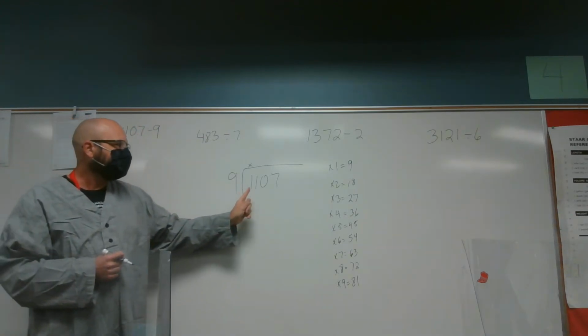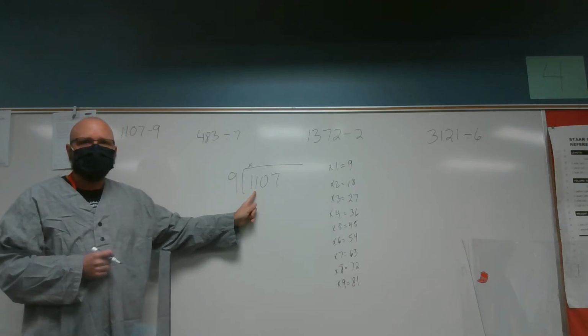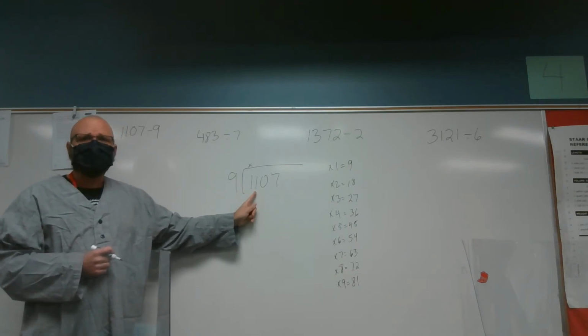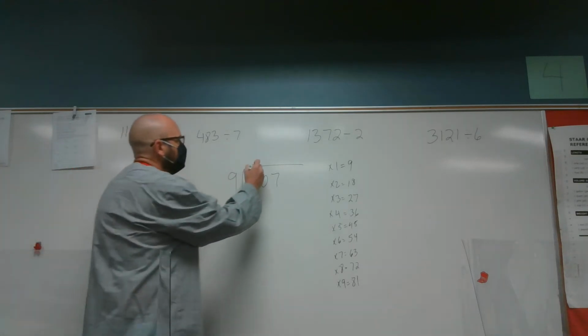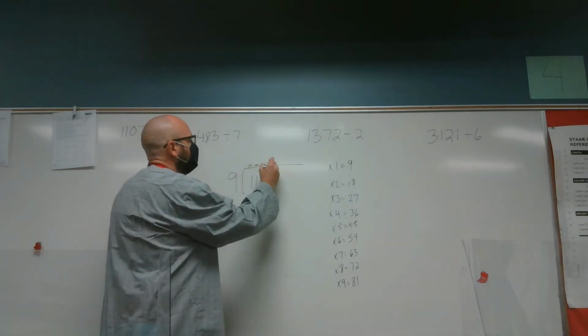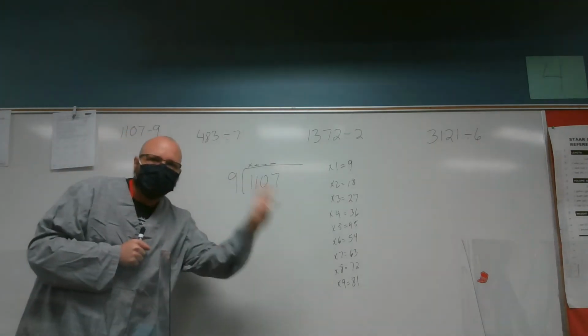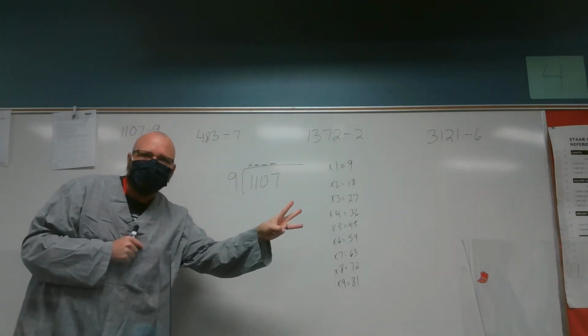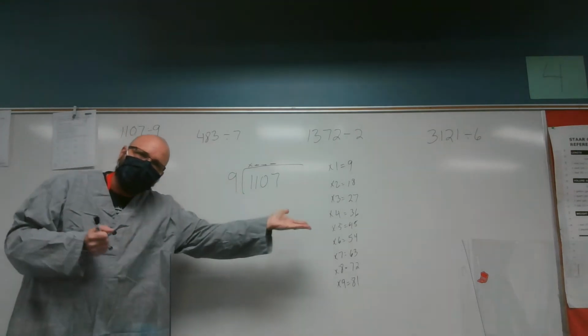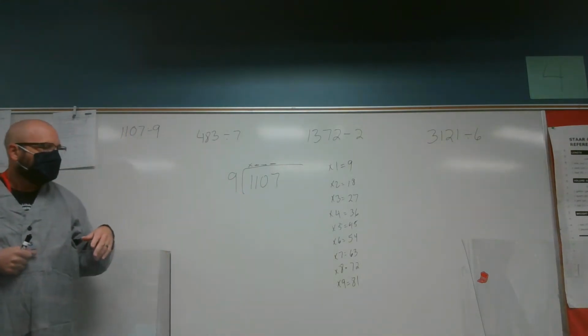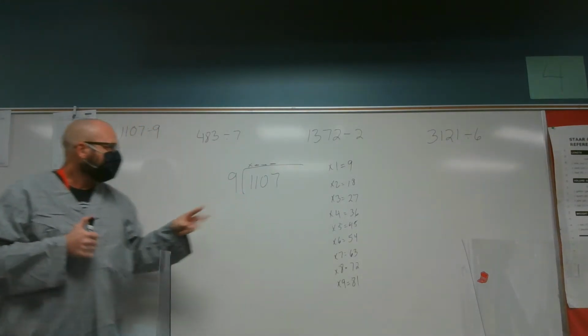Now I ask myself, does 9 go into 11? Yes, it does. Which means I have to have a number over the 1, a number over the 0, and a number over the 7. My quotient is going to be 3 digits in my whole number. I may have a remainder. I don't know.